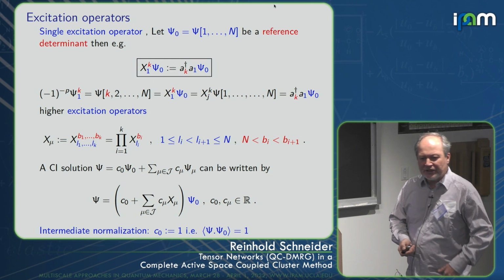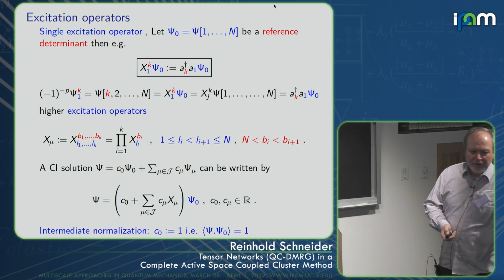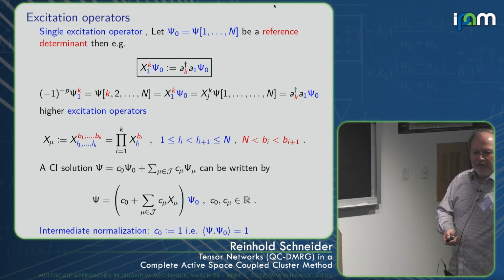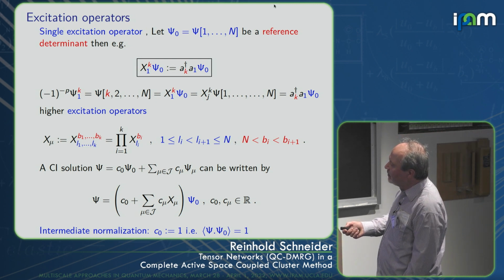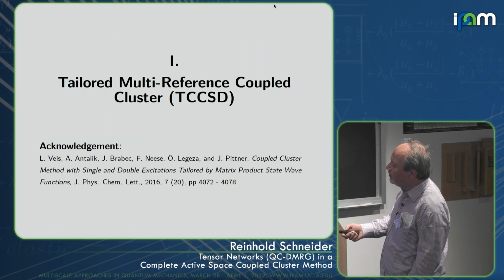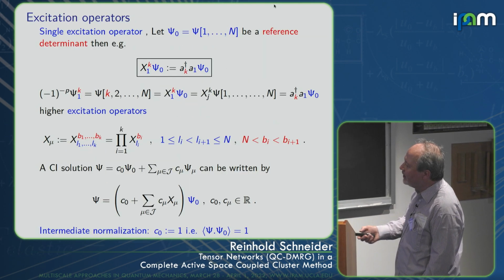Yeah? So like just a trainer in a sport, putting one person out and a new person in. Yeah? And by this definition, we can already create higher excitations by just considering the product of this operator here.